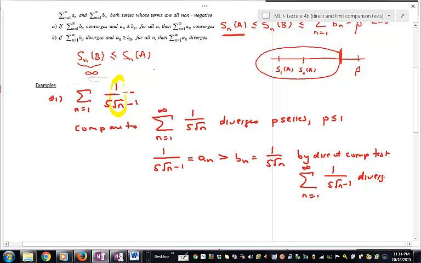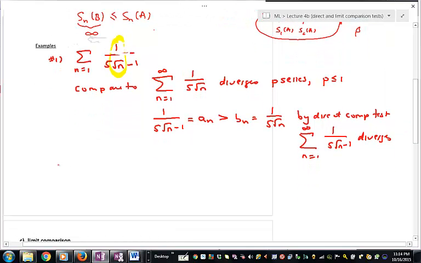Also, let's look at another example where we can use this result. So let's look at a series maybe like this. And again, we're going to look at the leading term.